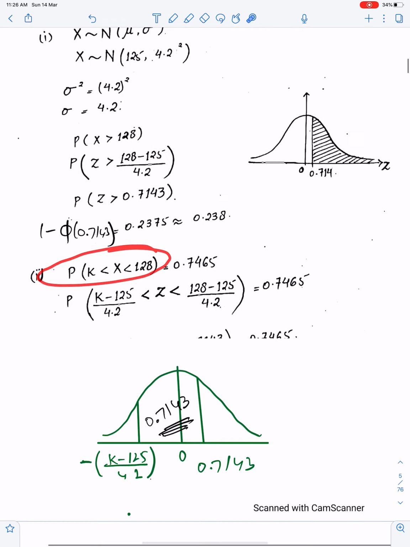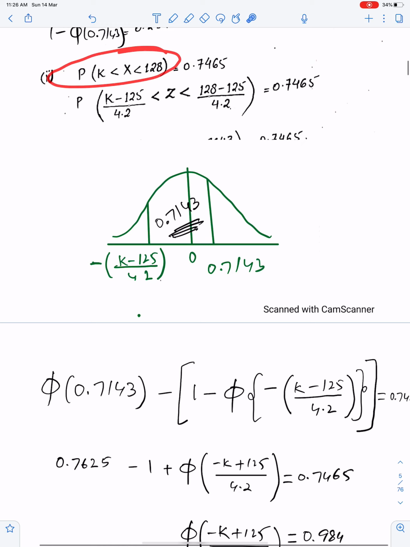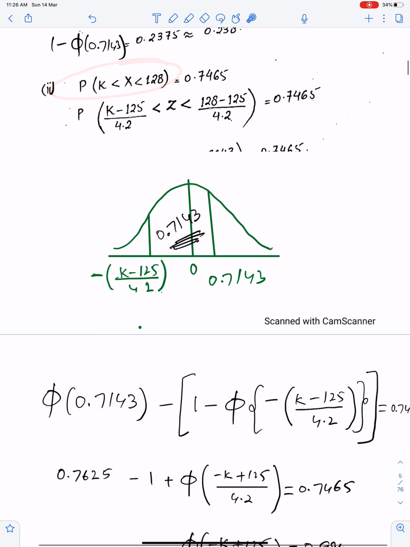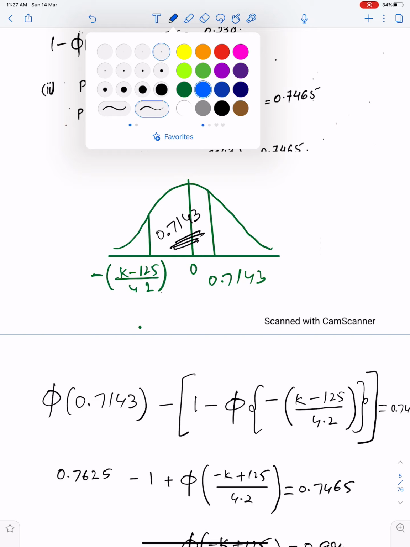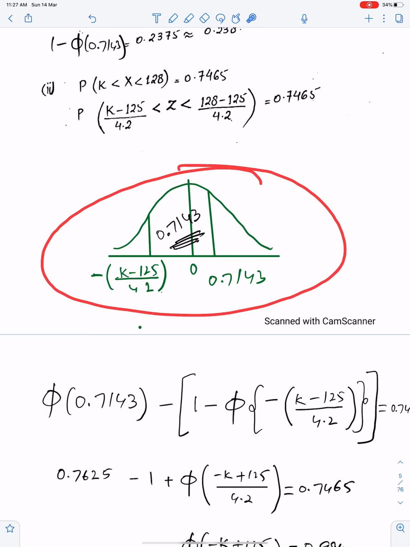Now we have to solve this question, the part 2, find k. First convert this in the form of z and then sketch this curve. You need to sketch this. See, this is the sketch.